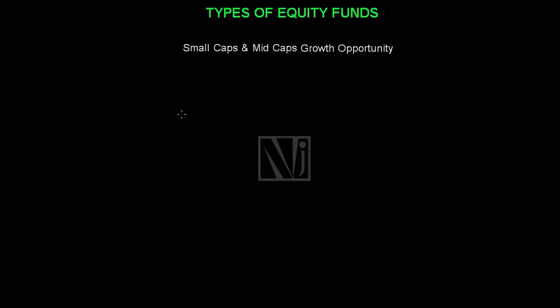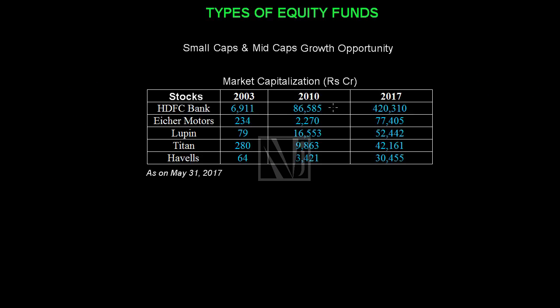Now let's look at the growth opportunity offered to the investors by small caps and mid caps. This is the market capitalization table of some small and mid cap stocks who have evolved into large cap stocks over the years. HDFC Bank grew from around rupees 7,000 crores in 2003 to around rupees 86,500 crores in 2010.